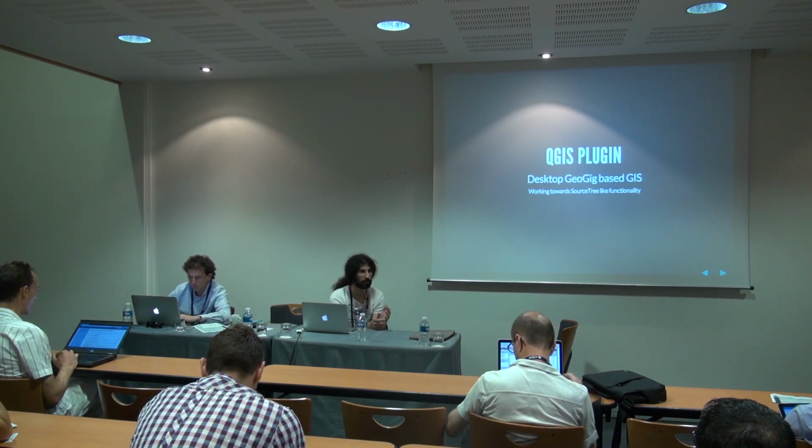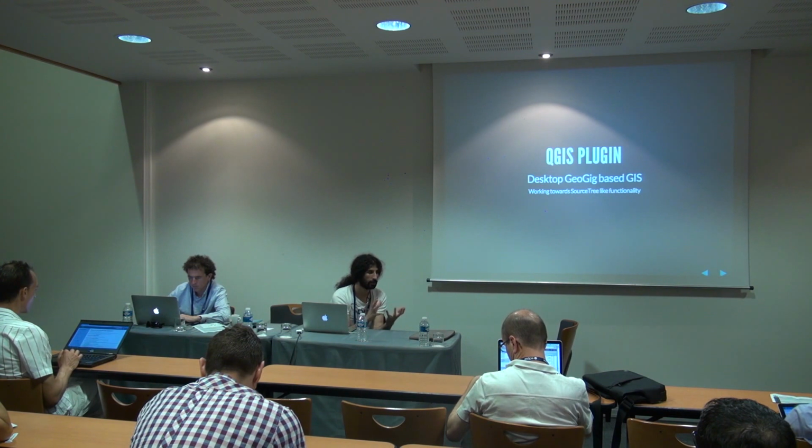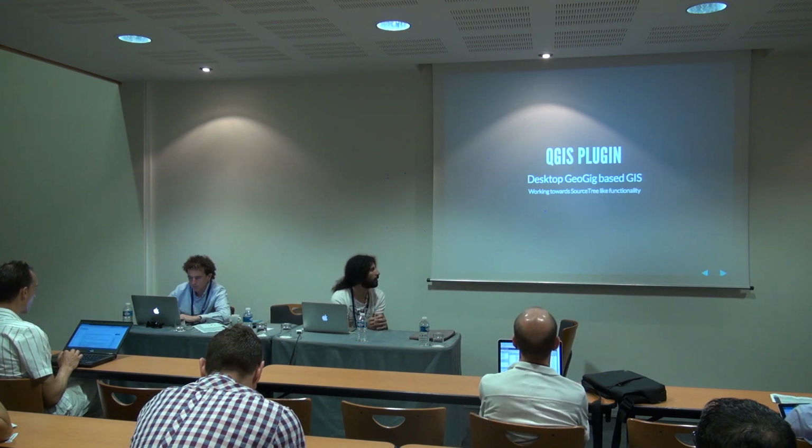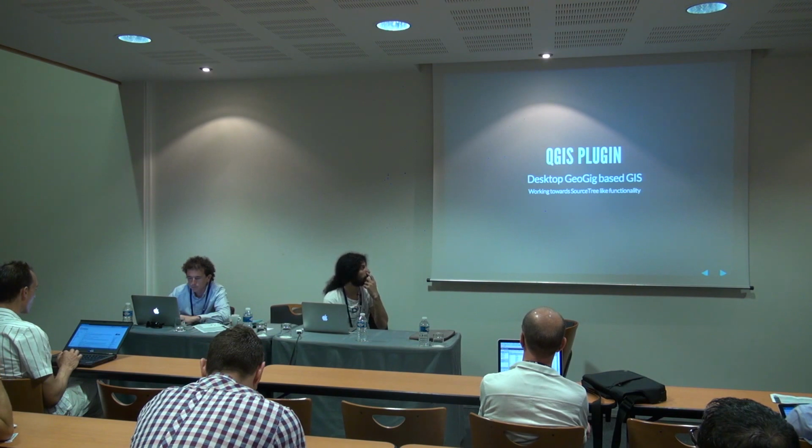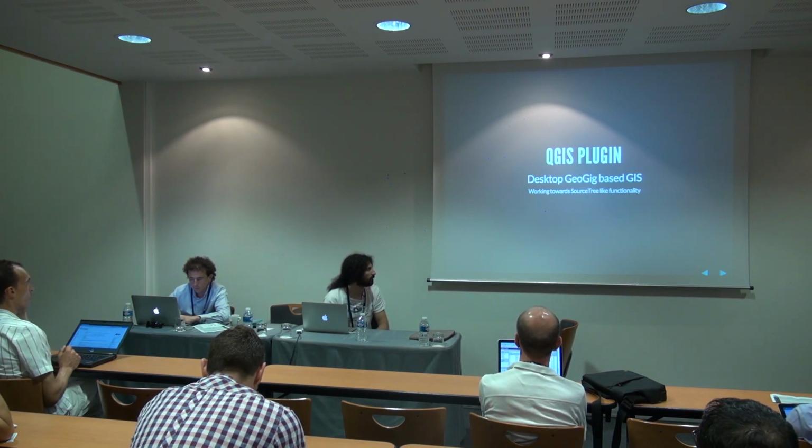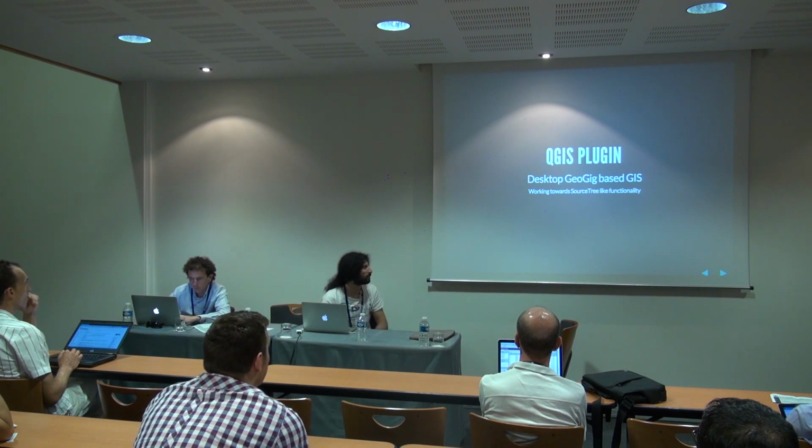But this is what we consider to be the main tool that the normal user will use for Git, because it's based on software that is very well known, very functional, has a lot of functionality, and integrates really well with the GeoGit idea. We're working towards functionality like SourceTree, which is one of these graphical interfaces for working with Git and source code, in case you know it. We're following the same approach, right?